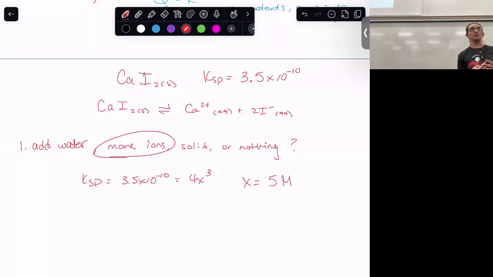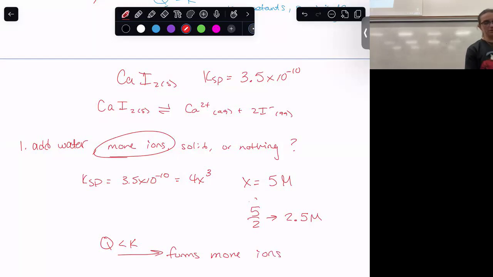If we were to make this 2 liters, we still have that same number of moles of those ions in solution, but now instead of 5/1, now this becomes 5/2, so our concentration goes down to 2.5 molar. That now changes what Q is.